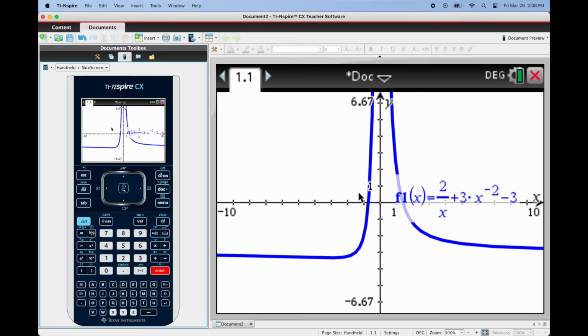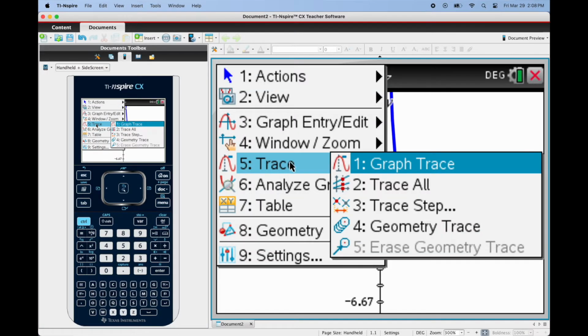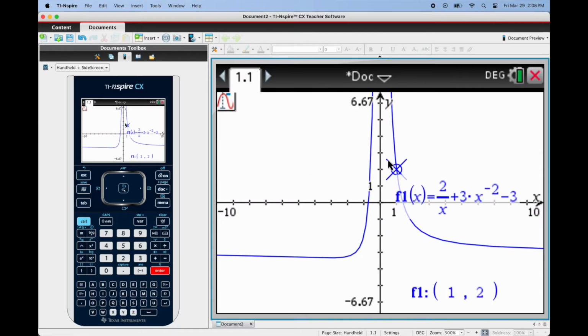So here's our function, and we want to find at this point 1, 2. So I'm just going to find this point when x is equal to 1, y is equal to 2. We want to find the normal to this curve. And so what that means is we want to find a line that's perpendicular. So not tangent, which is just going to be the slope at this given point. We want to find the perpendicular.